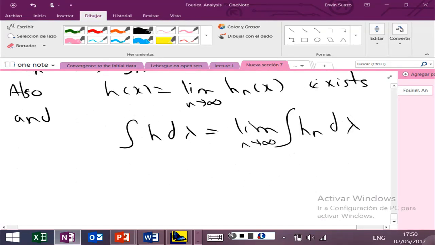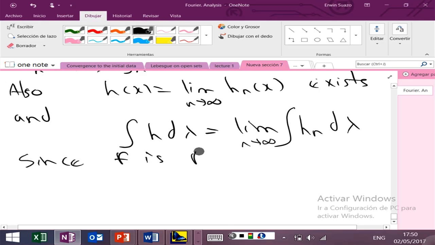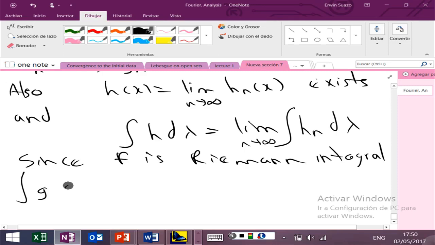So finally, since f is Riemann integrable, we have the integral of g d lambda equals the limit as n goes to infinity of the integral of g_n d lambda.